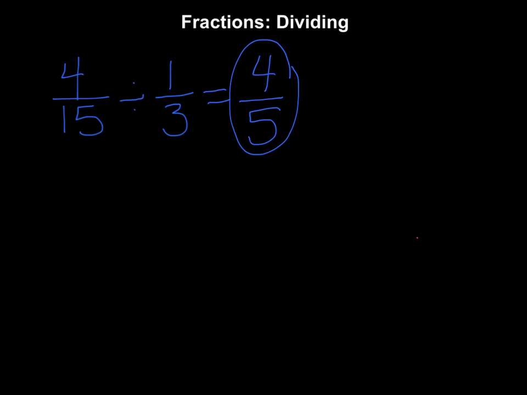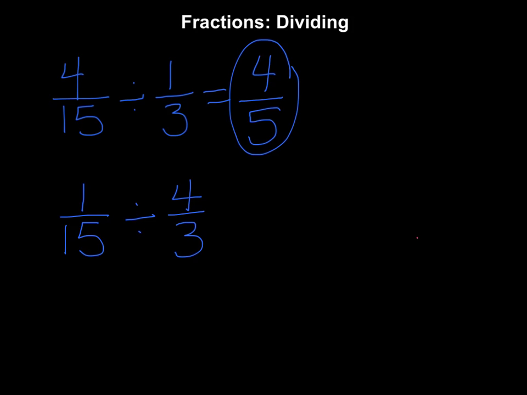However, I have to caution you on using this technique, because while it does work, it's easy to make a mistake. For example, if we do 1/15 divided by 4/3, you might be tempted to think that we can go ahead and get the same answer.